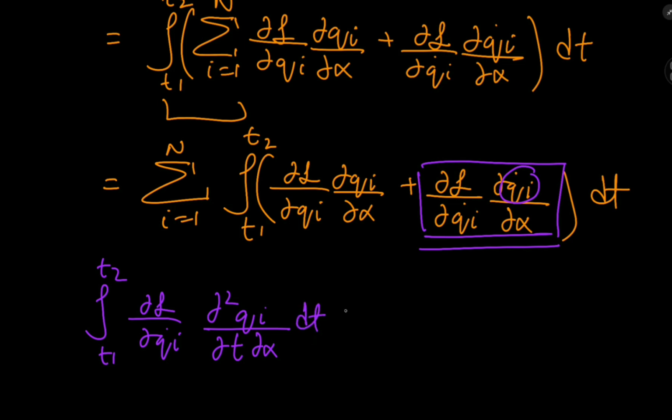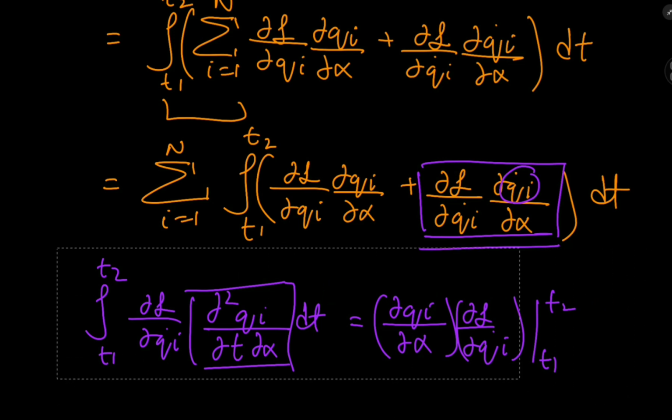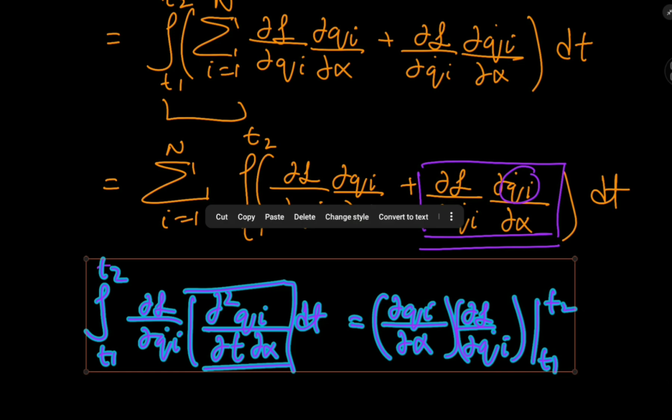Okay, great. And now I have a nice structure for integration by parts because I can integrate this thing with respect to t. So on integration, I'm going to get partial q_i by partial alpha times partial L by partial q dot i, and the limits of integration are t1 and t2. That's quite important, and I need some more writing space here now. Oh, terribly sorry about that.